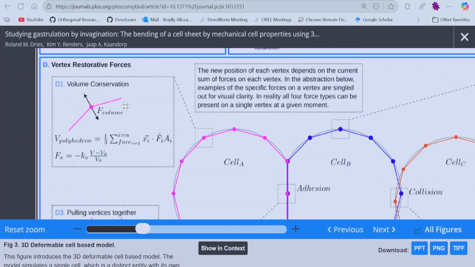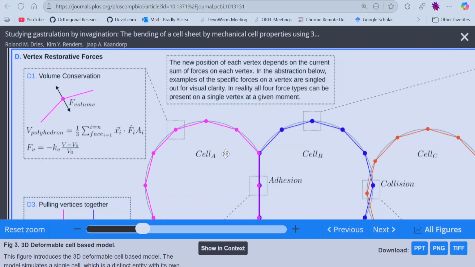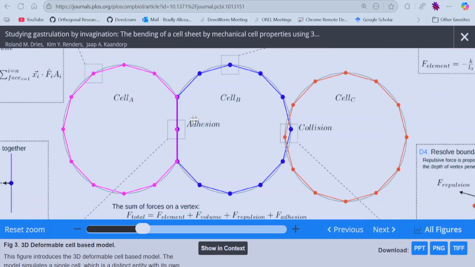And then we have vertex restorative forces. So we have these three cells that are linked together. They're in contact. You can see how they model the cell body as a series of nodes and edges. Those deform, and you can see where there's an adhesion point where the nodes of cell A and cell B are overlapping, and each part of the edge of each cell is constricted in terms of shape.